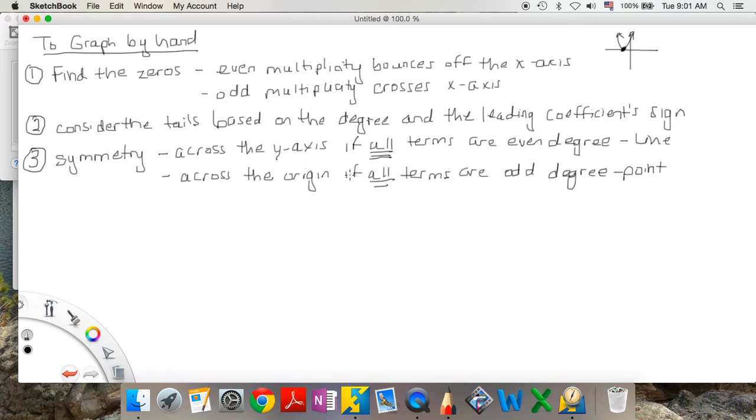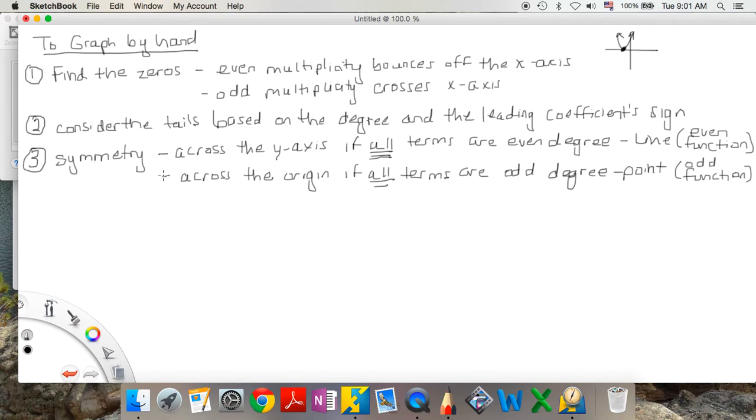If you've heard of even functions and odd functions, we've talked a little bit about that. This is an even function, which means if you replace x with negative x, you're going to still get the same function. And this one is an odd function, which means if you replace x with negative x, then you're going to get every sign changed.